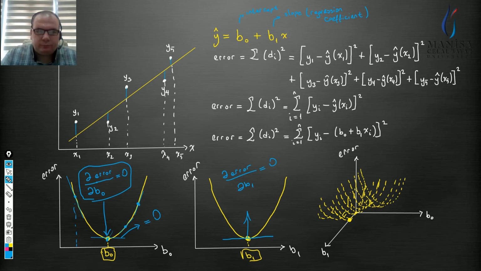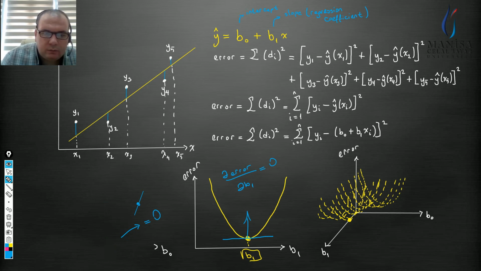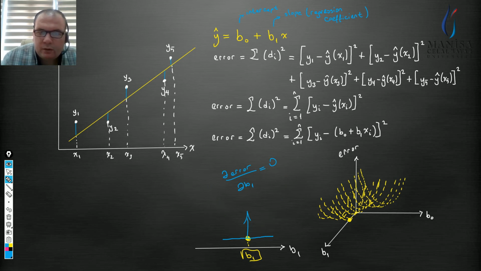Okay, now I'm going to clear this area and I will write down the equations to find the correct values for b0 and b1.